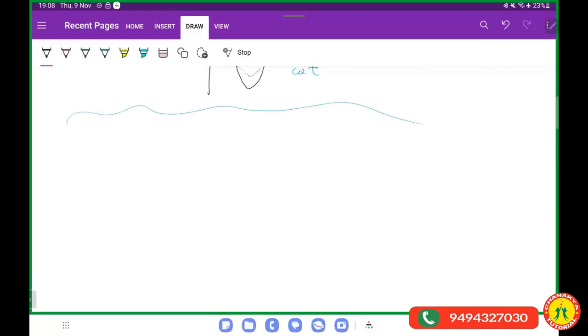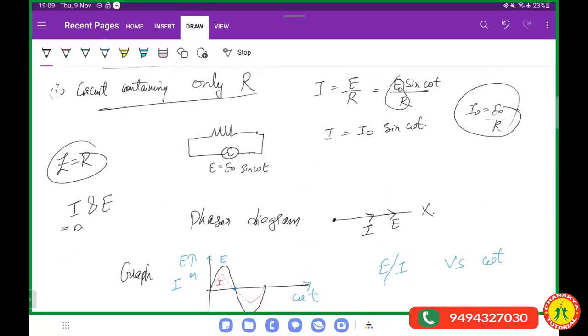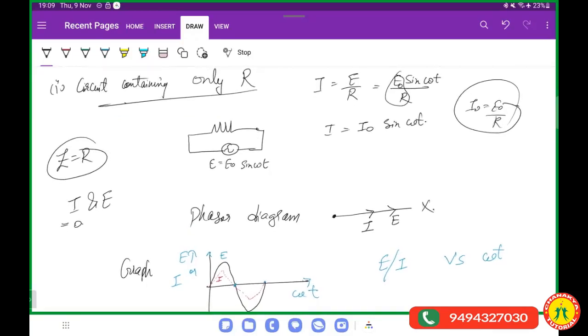So could you explain the first one again? Yeah, sure. Whenever we are taking a circuit with only R, in that we have zero phase difference.